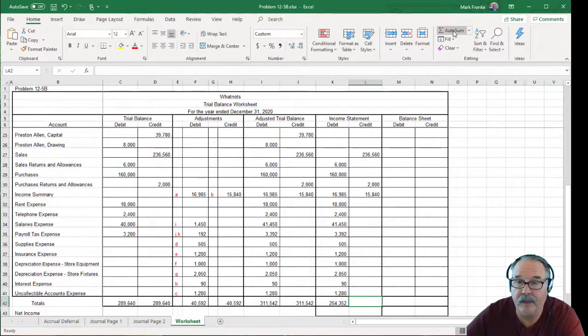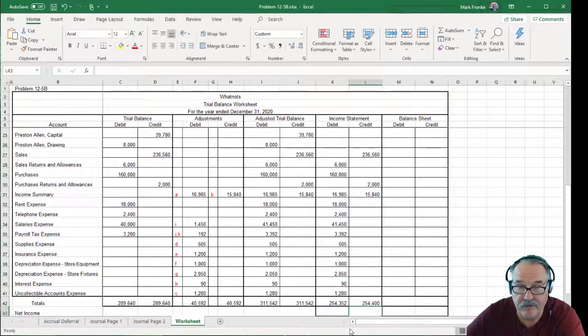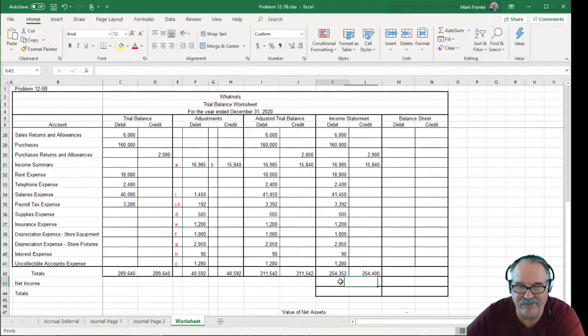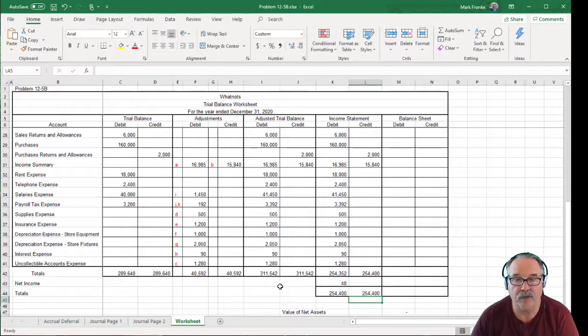We add up the credit side, which is the revenue and the credit balances, and our net income is going to be the difference between the credit side and the debit side. That's $48. So to balance out the worksheet to 254,400 look like that.